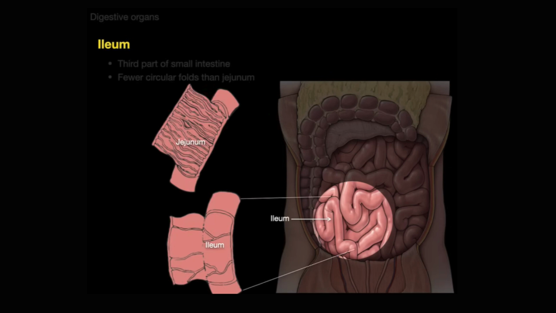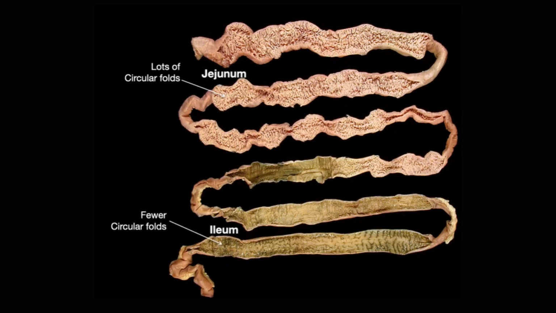Now you can see a difference between the jejunum and the ileum. The jejunum is retroperitoneal, meaning it consists of circular folds that increase the surface area for absorption of nutrients. And you can see the ileum, where it is intraperitoneal, meaning it does not have as many circular folds. So you can see the difference in texture between those two. Now this is a live cadaver.